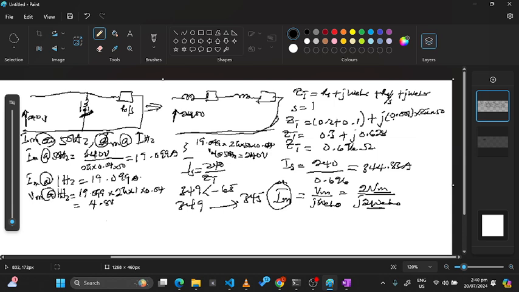So you can see that now we've changed VM from 240 to 4.8. The same way we've changed the frequency from 50 hertz to 1 hertz. Is that okay? So we varied the voltage, and we varied the frequency as well.